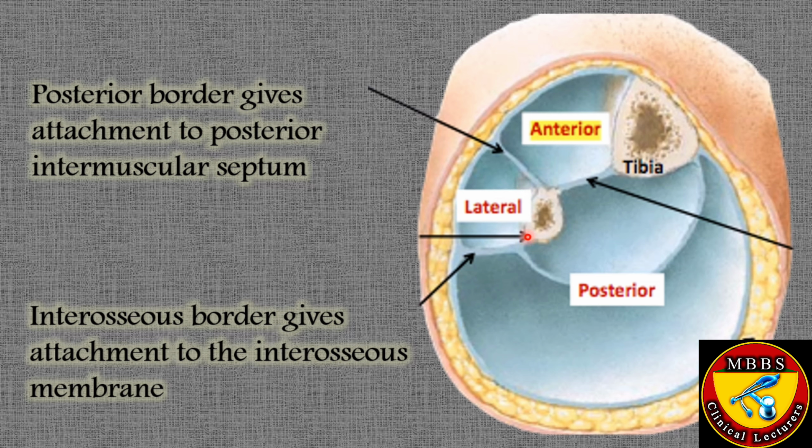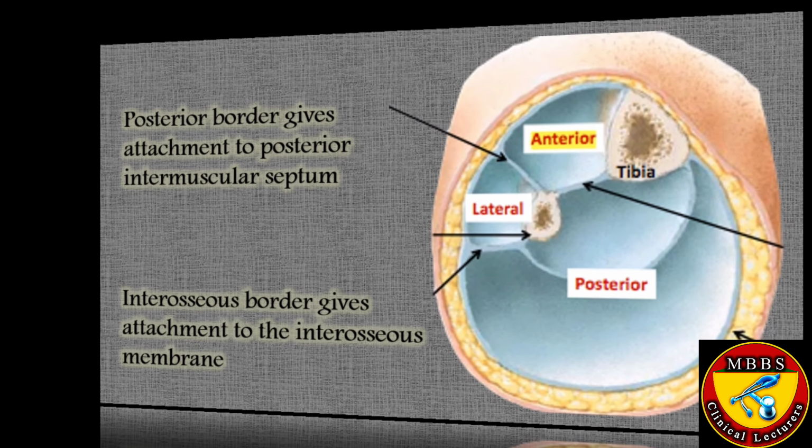Whereas the posterior border of the fibula gives attachment to the posterior intermuscular septum, which separates the lateral compartment from the posterior superficial compartment, or you can say the lateral compartment from the posterior compartment. I hope we are clear. This was not that difficult, I guess.